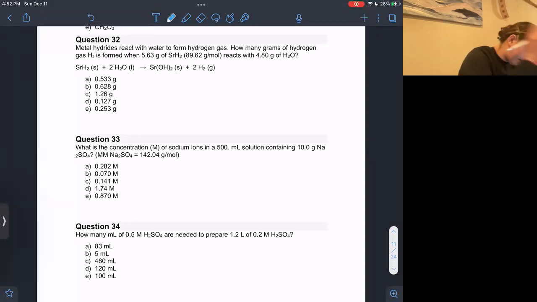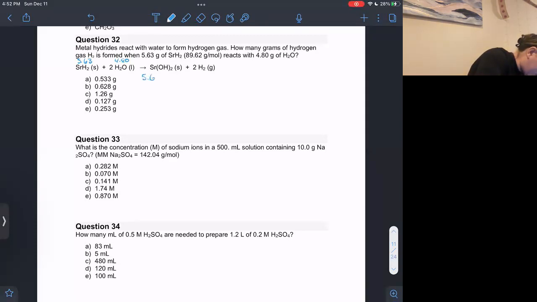I know I have 5.63 and 4.80, so I know things about my reactants and nothing about my products. I'm definitely screaming limiting reactant. I like to solve for how much of the product can be produced, so I'm going to find that for hydrogen gas for both of them.